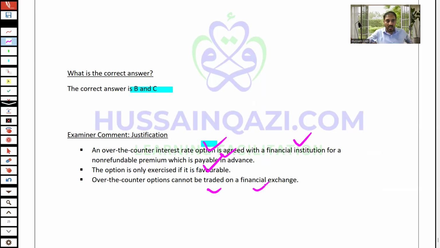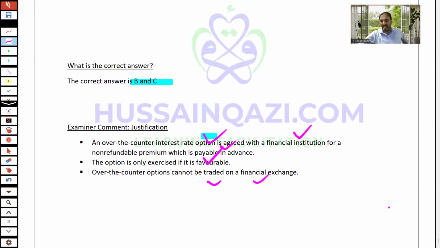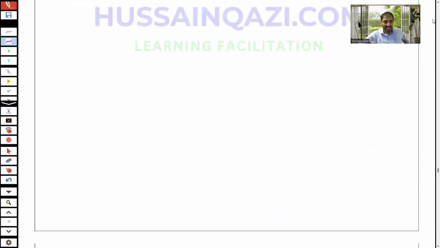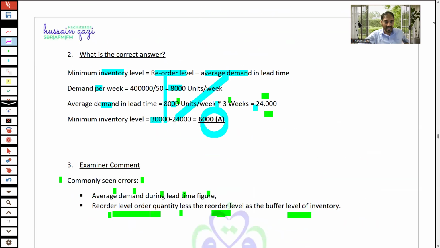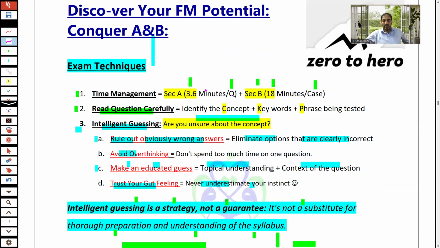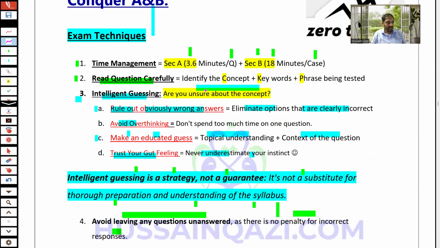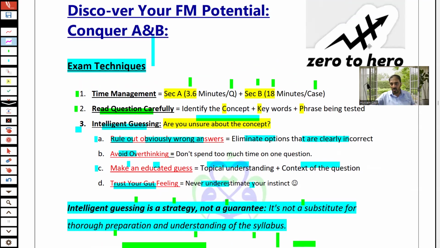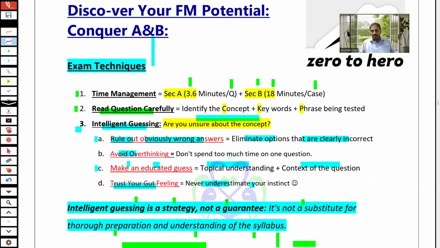So students, that's all about this question. Once again, with this session and my last session, I have discussed the most recent questions with you and tried my level best so that you apply these rules, and definitely you will be able to conquer the exam and become an FM hero.